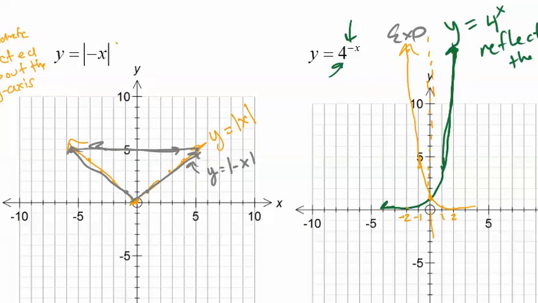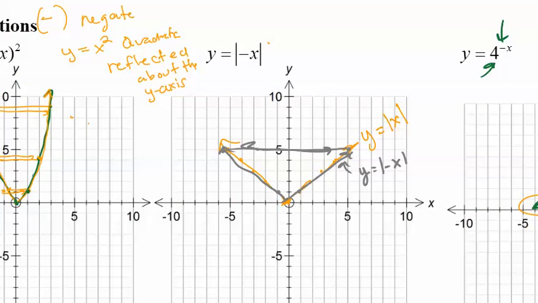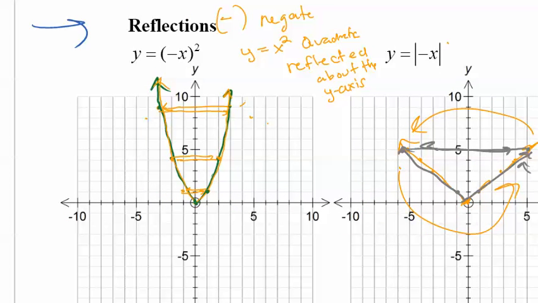So everything that was on the positive side came to the negative side, and everything that was on the negative side came to the positive side, all right? So the same thing happened over here, right? But it's harder to see. All these values that were here jumped over here, and all these values that were here basically jumped over here. And then the same thing happened with this. These values jumped here, and then these values jumped here. Okay? So that's basically all that's happening.